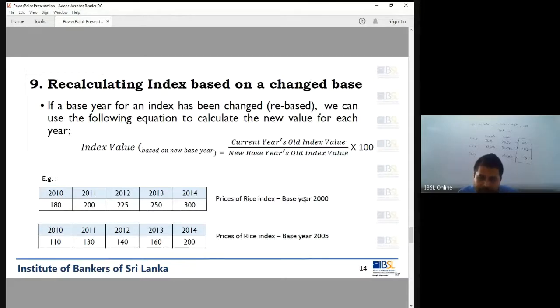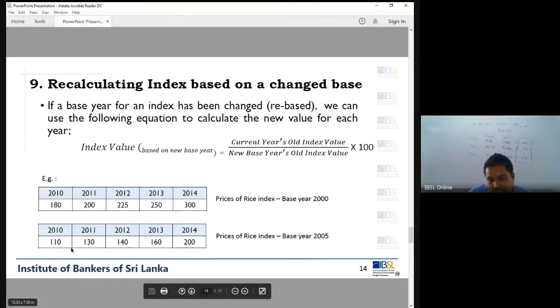It's an index with the base year defined as year 2000. So for year 2000, what's the index value? It has to be 100. Compared to year 2000, for years 2010, 11, 12, 13 and 14, you have different index numbers: 180, 200, 225, 250 and 300.